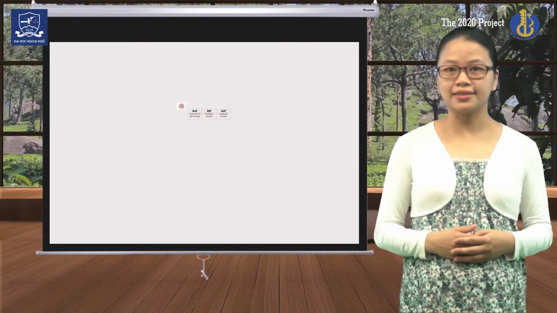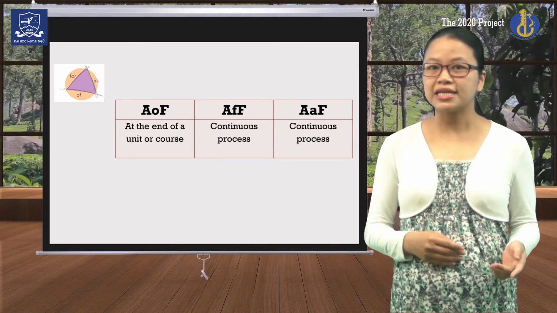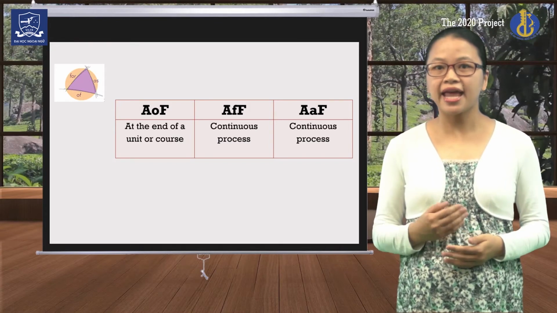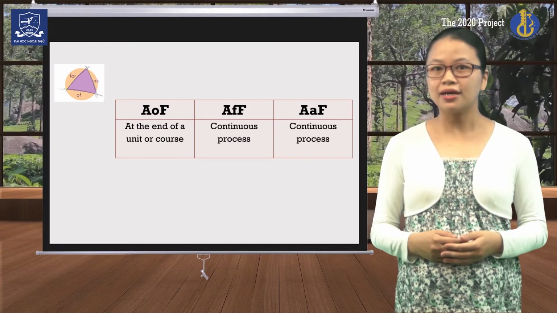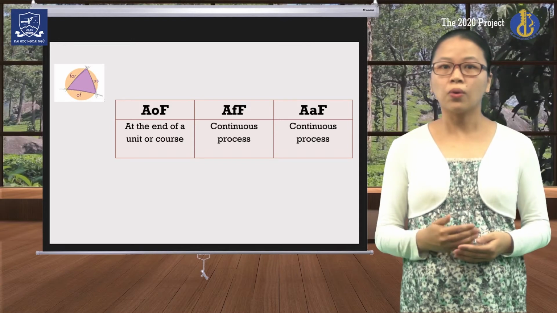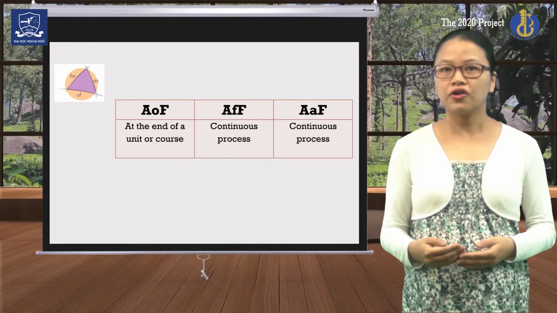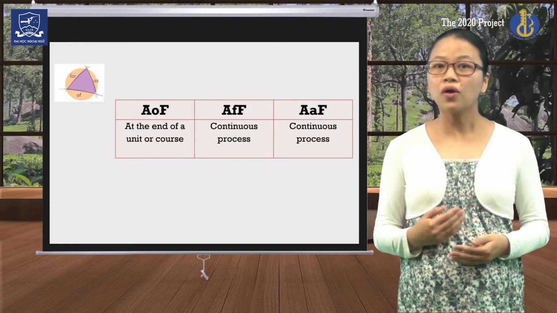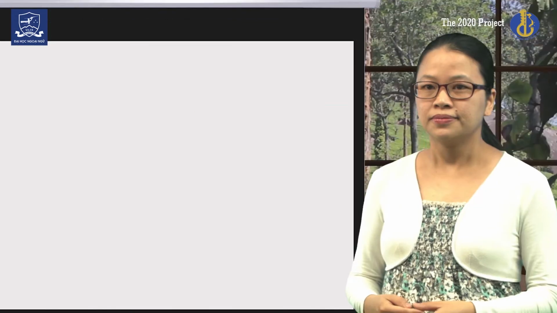Another difference is when to do assessment. Both assessment for learning and assessment as learning are continuous processes, which means assessment happens throughout classes, semesters, or even academic years. Assessment of learning, on the other hand, often occurs at the end of a unit or course.